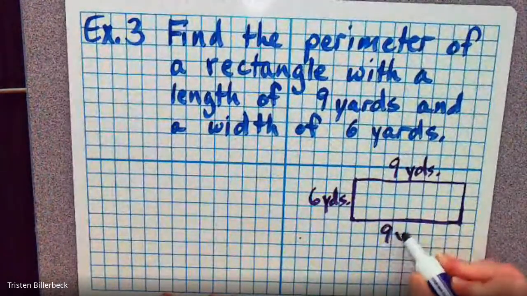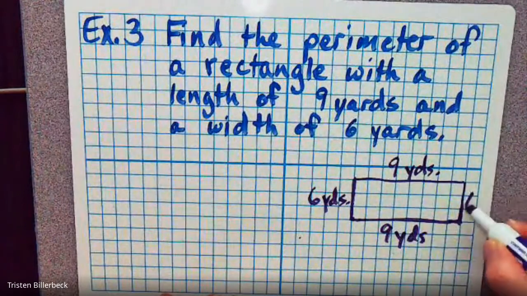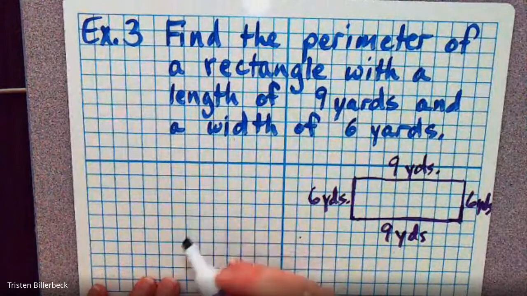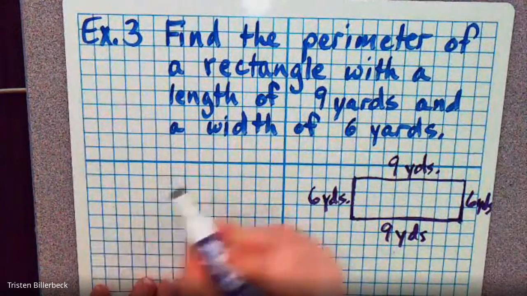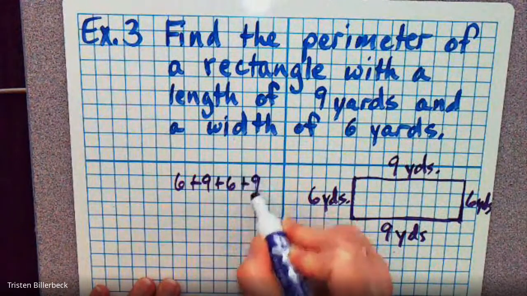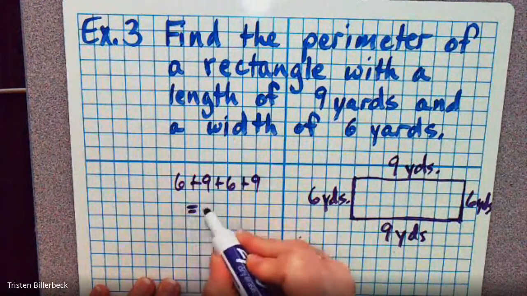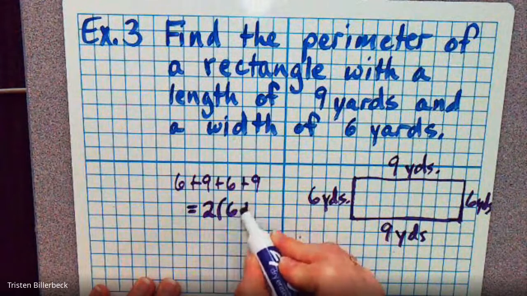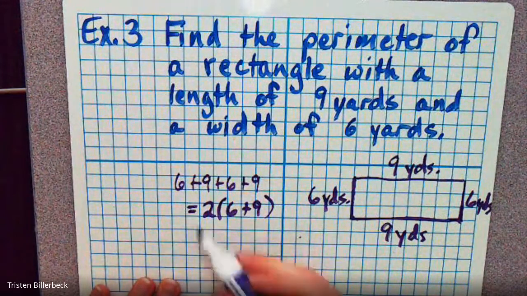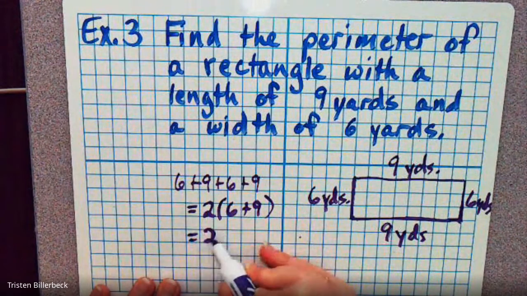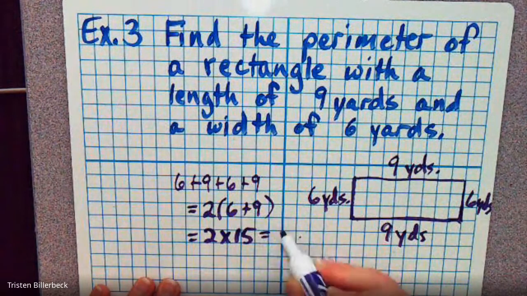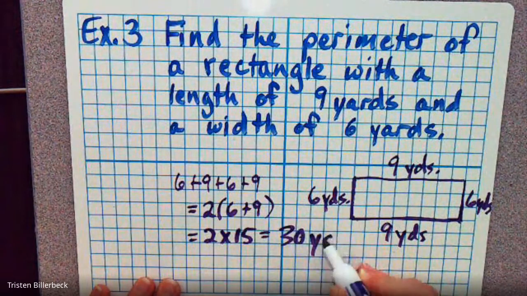So this would be 9 yards and this would be 6 yards. So we could just say 6 plus 9 plus 6 plus 9, or we could say 2 times 6 plus 9, because there's 2 of those 6 plus 9s. So then that equals 2 times 15, which is 30 yards.